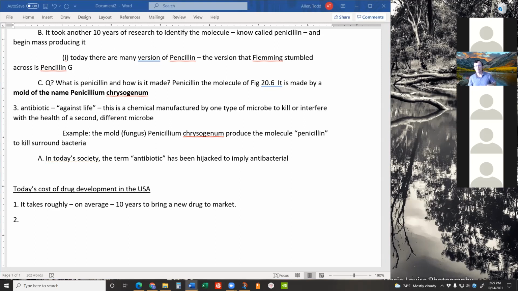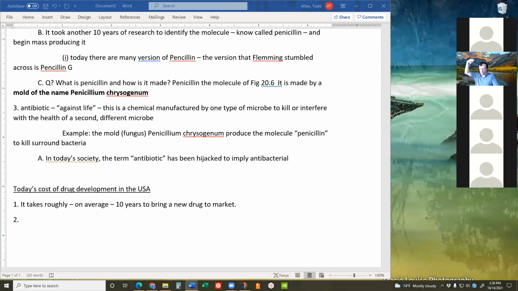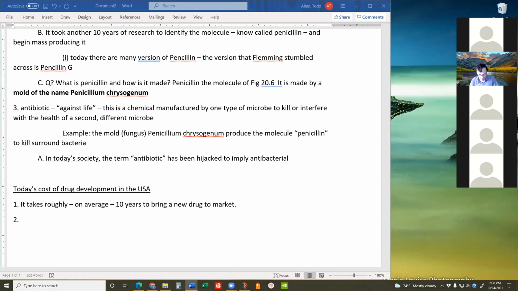How much money is spent by a drug company to research and test a new drug before it can begin selling that drug? The ballpark frame we're in here is well in excess of $1 billion.